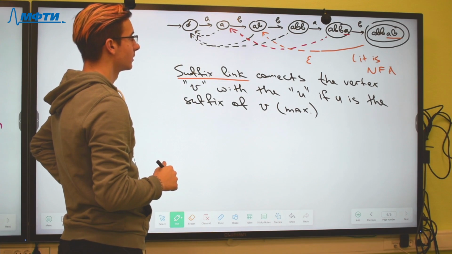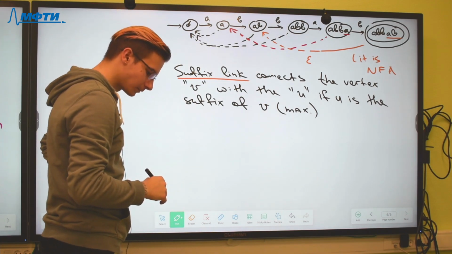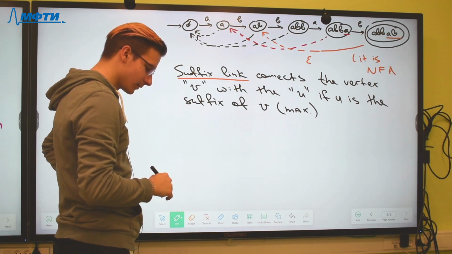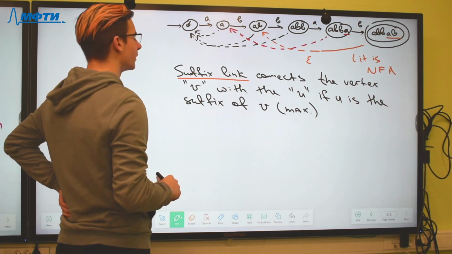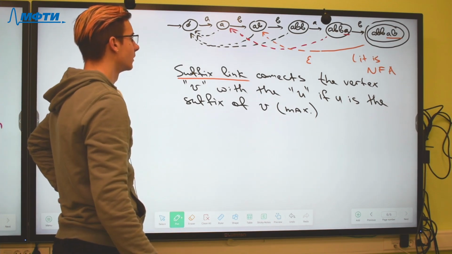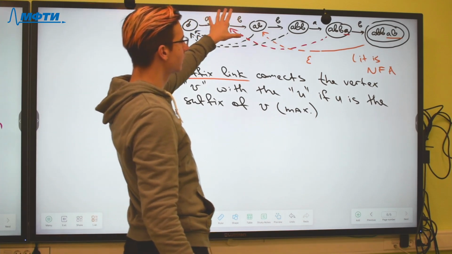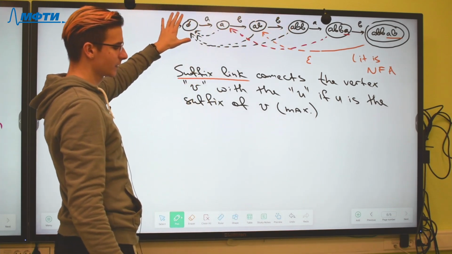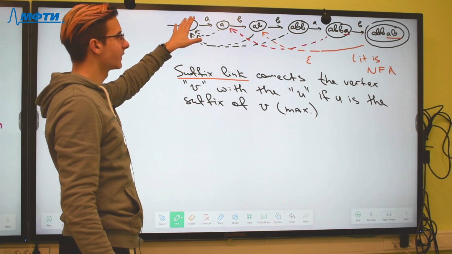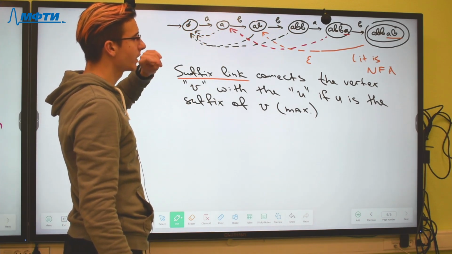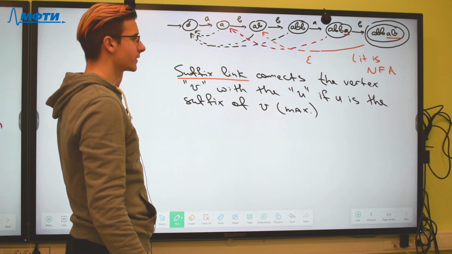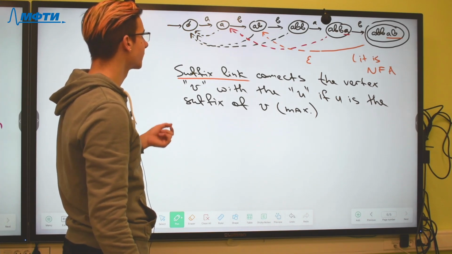But if for all of the prefixes of S we stay on the previous vertices, then we say that we have no substrings that are equal to x.